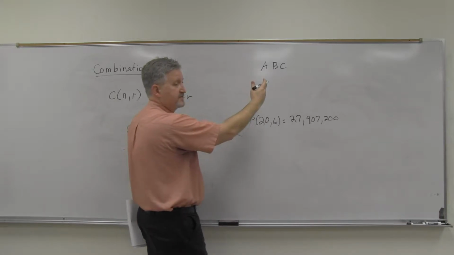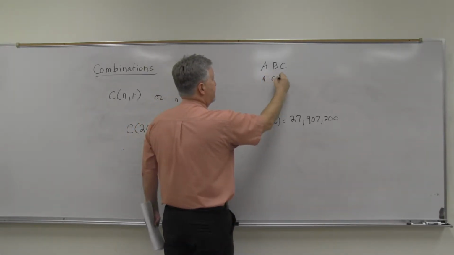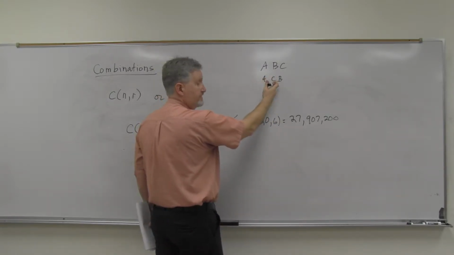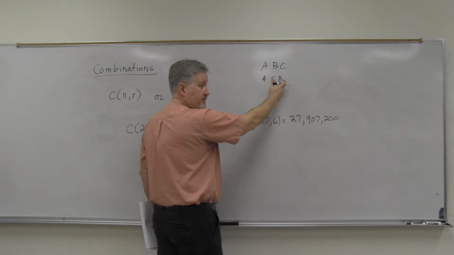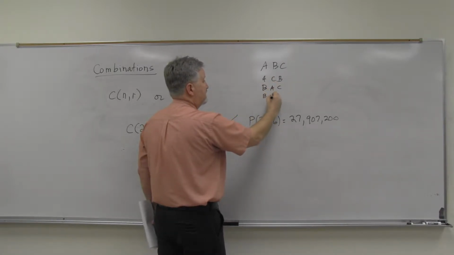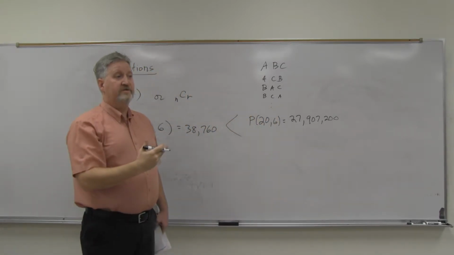Permutations count A, C, B as a different one, because first is A, second is C, third is B. With me? And then I could also do B, A, C, and B, C, A. So you see there's a lot of different permutations of that.